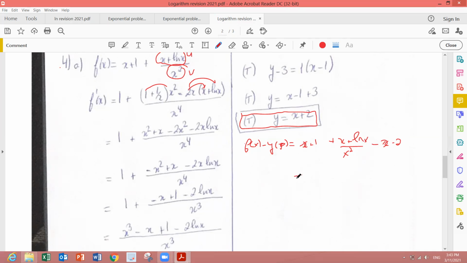We get minus 1 plus x plus ln x over x squared.